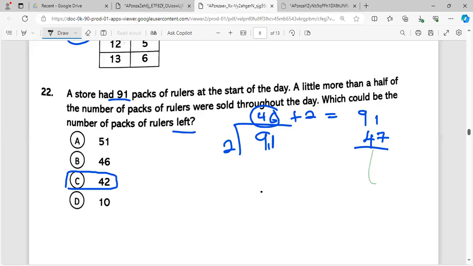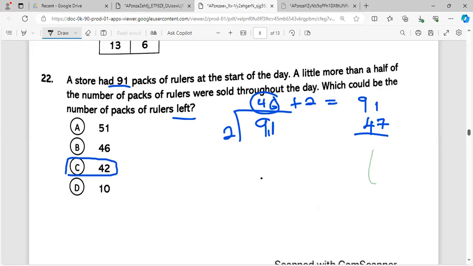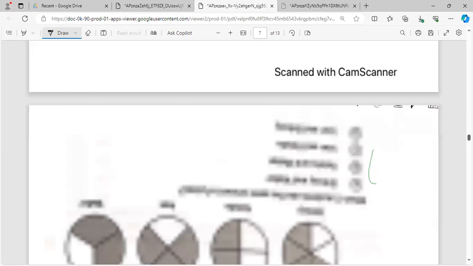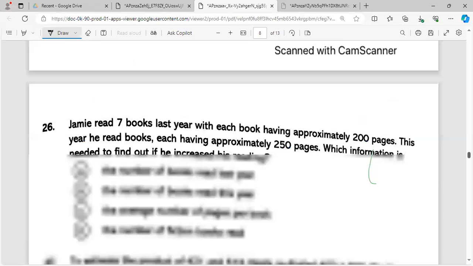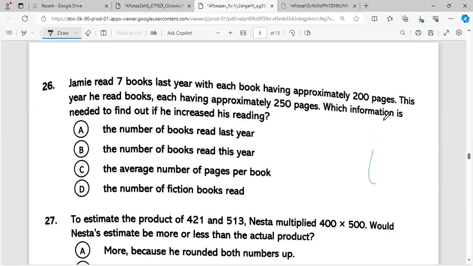Sir, I did this paper in class. Awesome. You should be able to get all correct. Oh, this one is upside down. Oh, my paper was also upside down. Yeah, man, go ahead. Sir, but the last one said it was a little more.